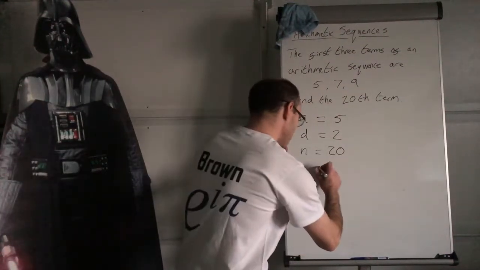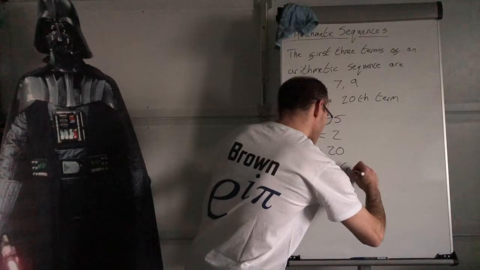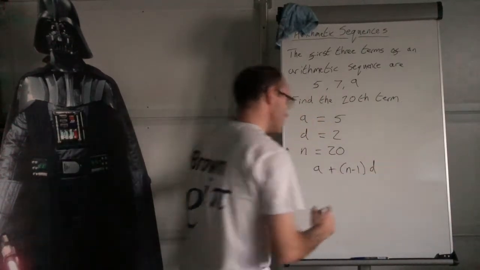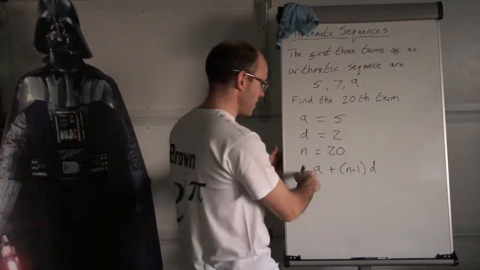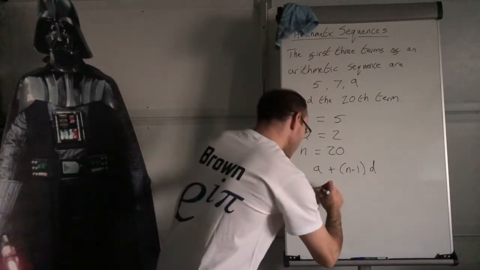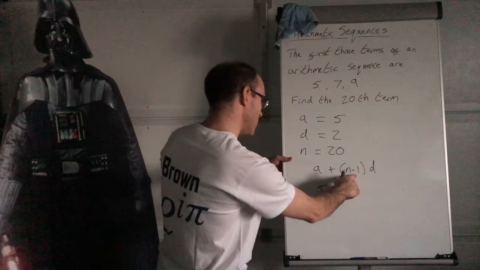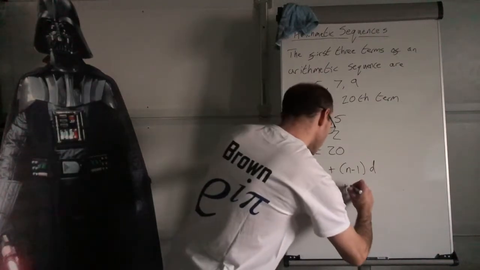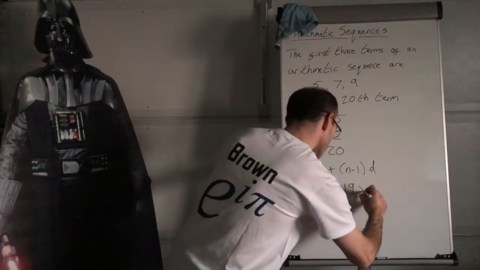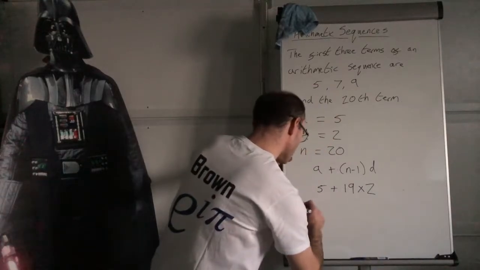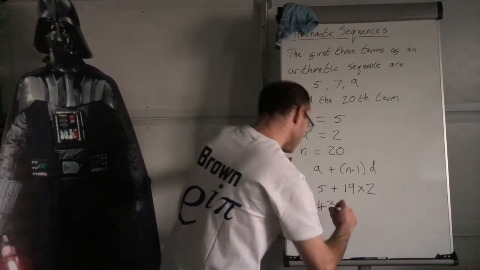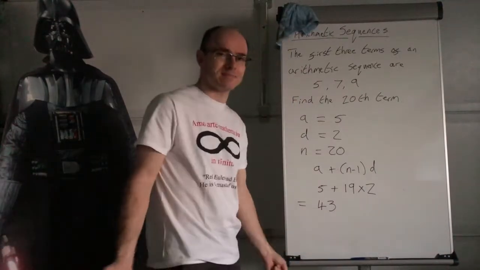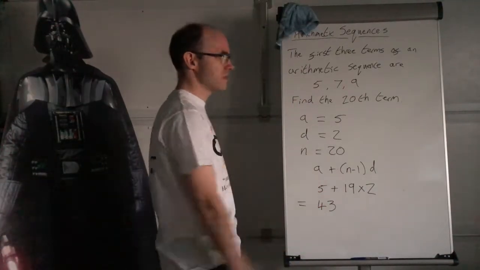If you remember the formula, A plus (N minus 1)D, that gives us the nth term, in this case the 20th term, and I'm going to put the numbers in. So A is 5, and then N minus 1, so that's 19, and then D is 2, multiplied by 2. So that is 5 plus 38. 43. And that is it. Okay, 43 is the 20th term.